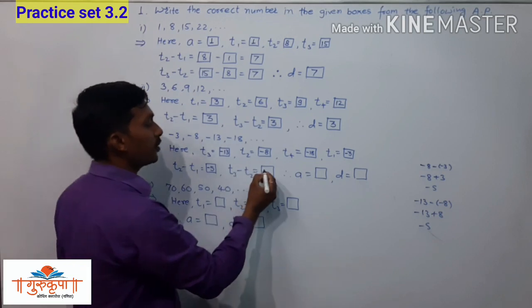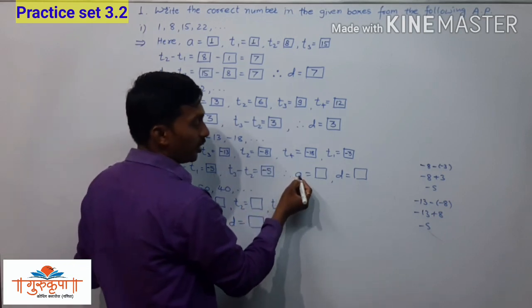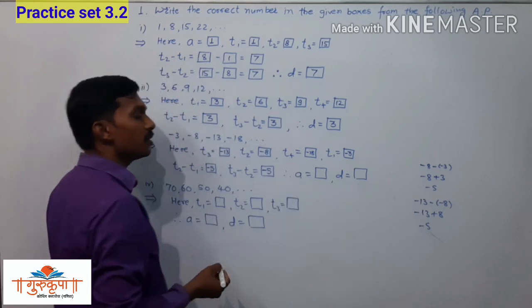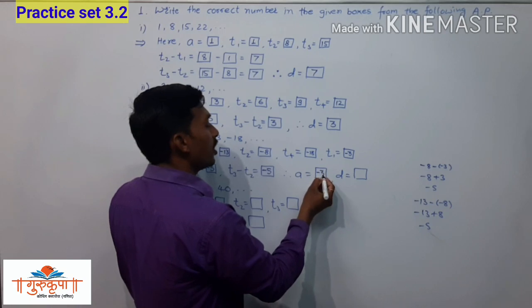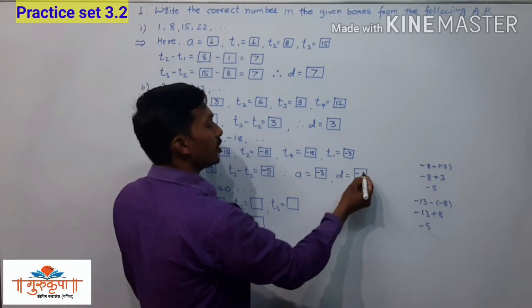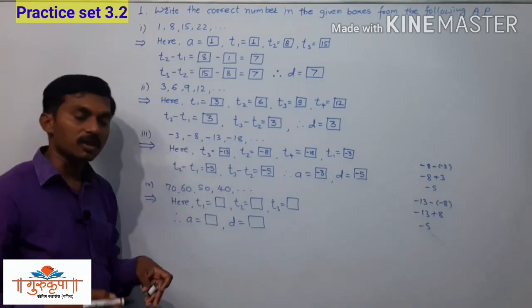So again we write minus 5 in the box. Now we write the value of A, which is the first term of the AP, and it is minus 3. And the common difference is minus 5. So this is all about the third example.